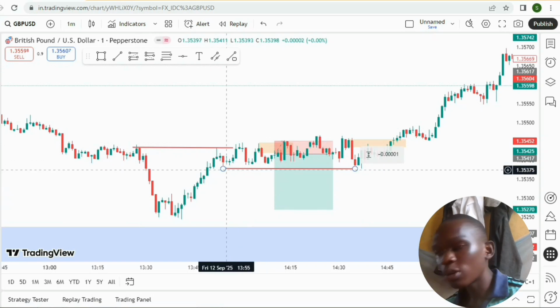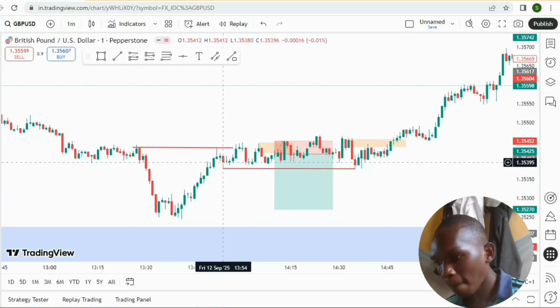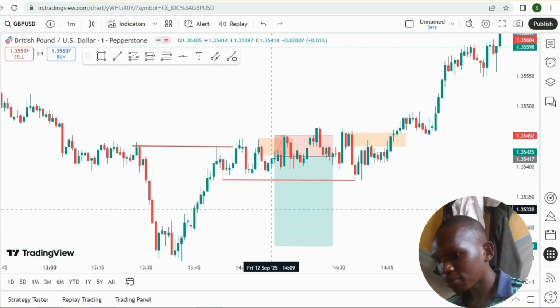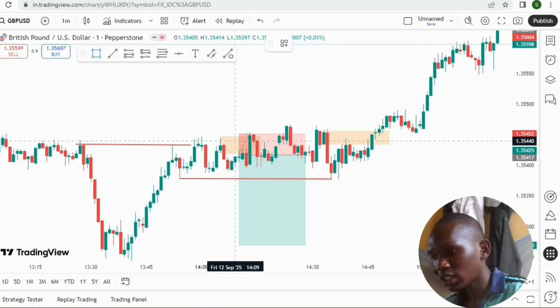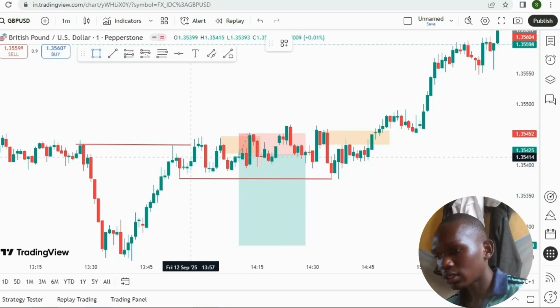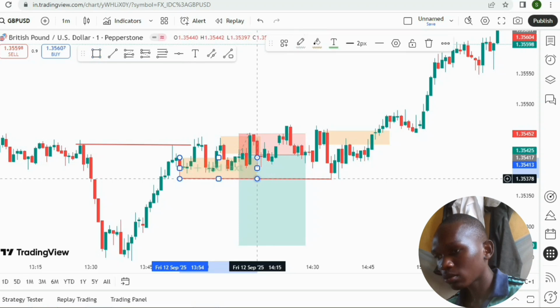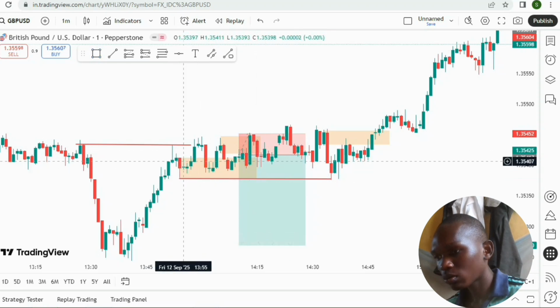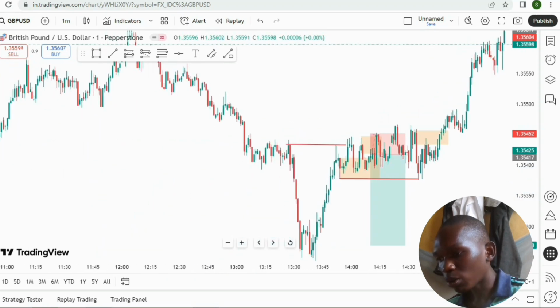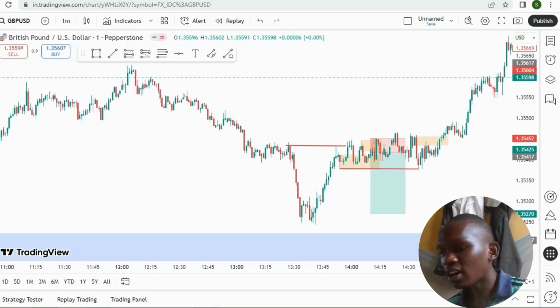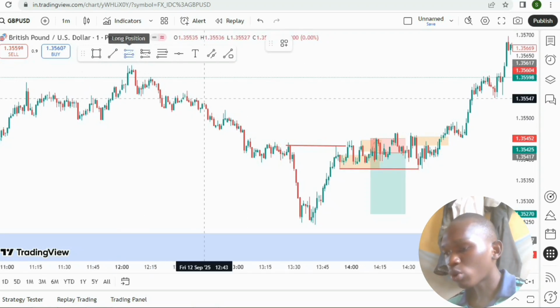So from here, maybe we could have been looking for entries and maybe use this small box here as our bullish order block. So let me draw something here. I'll be using this last candle as our bullish order block because it's the last order block before it broke structure here.